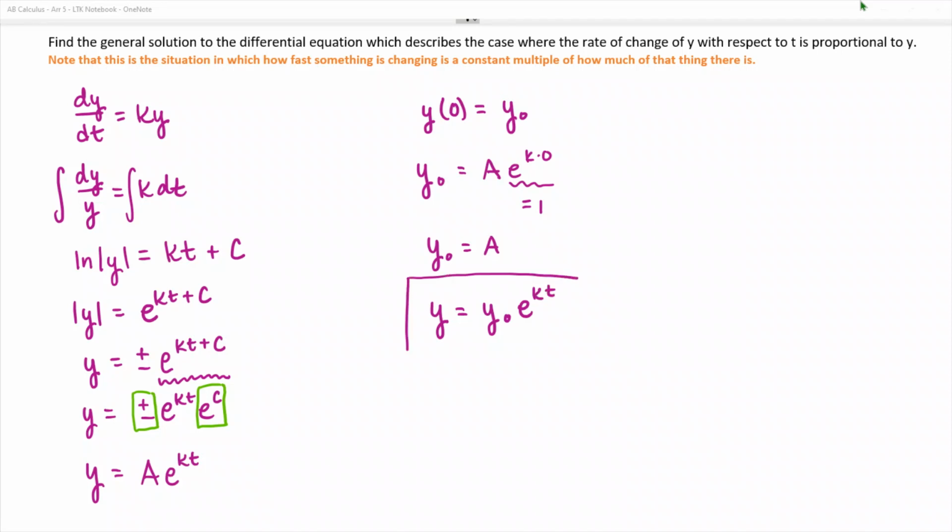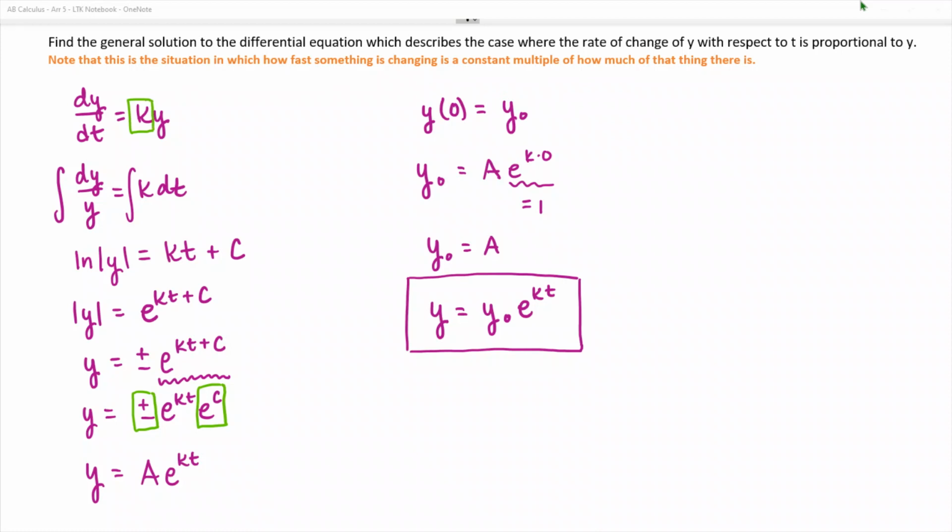Now this equation should look very familiar to you. It's the equation for exponential growth, and so it shows up, for example, when you did interest with continuous compounding, because your money, when you're earning interest, grows at a rate proportional to how much you've got in the bank.